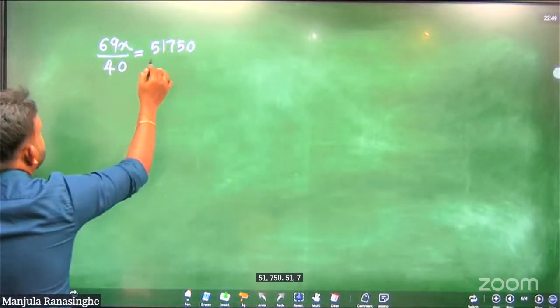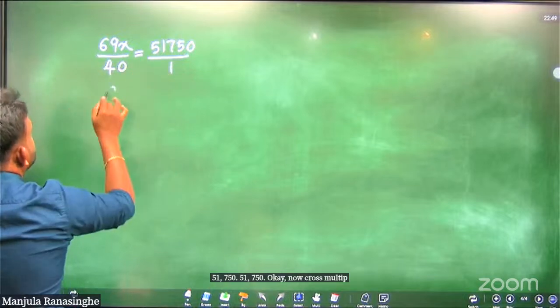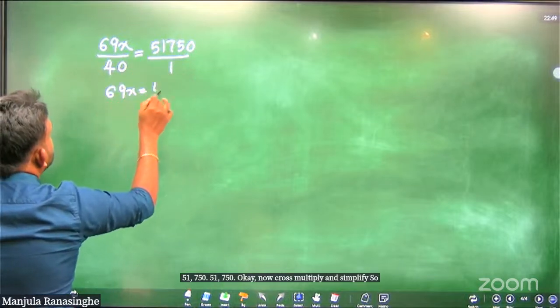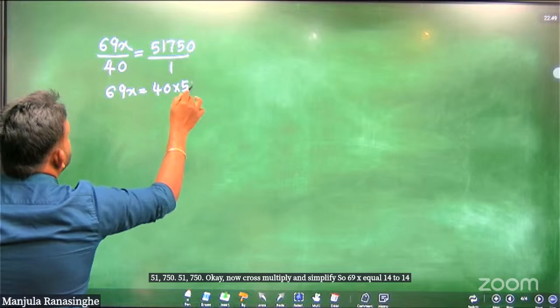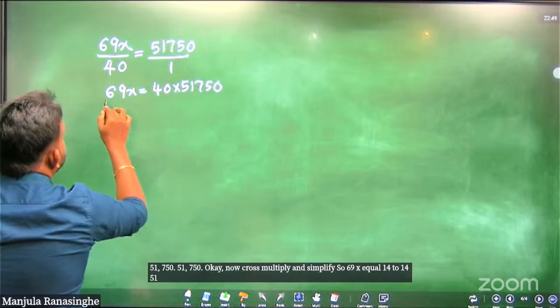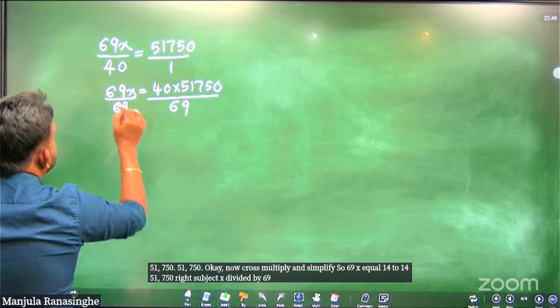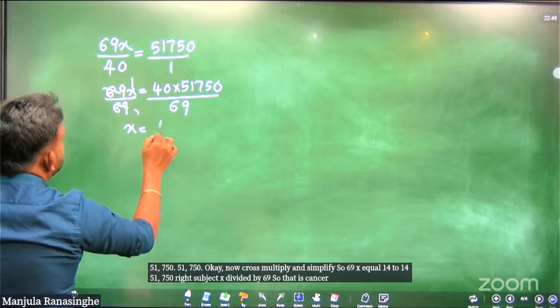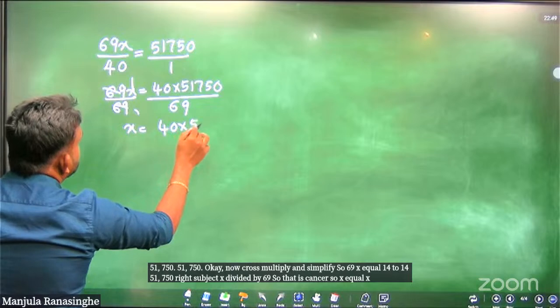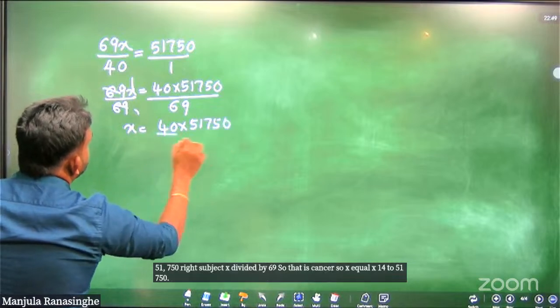Okay, now cross multiply and simplify. So 69x equals 40 into 51,750, so x is divided by 69. So that is cancelled. So x equals 40 into 51,750 upon 69.